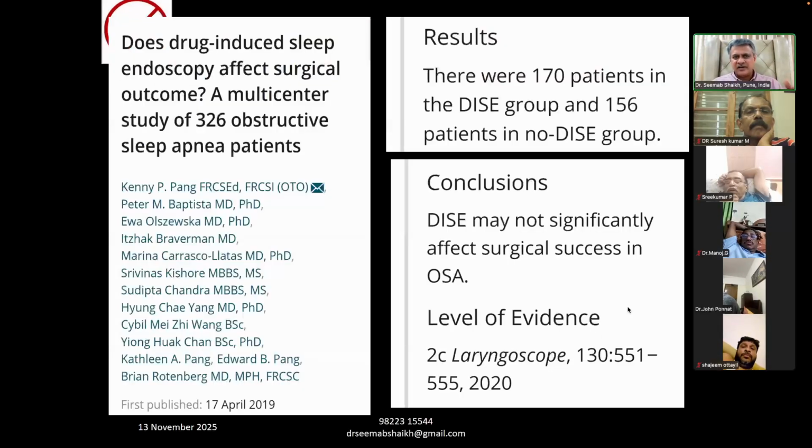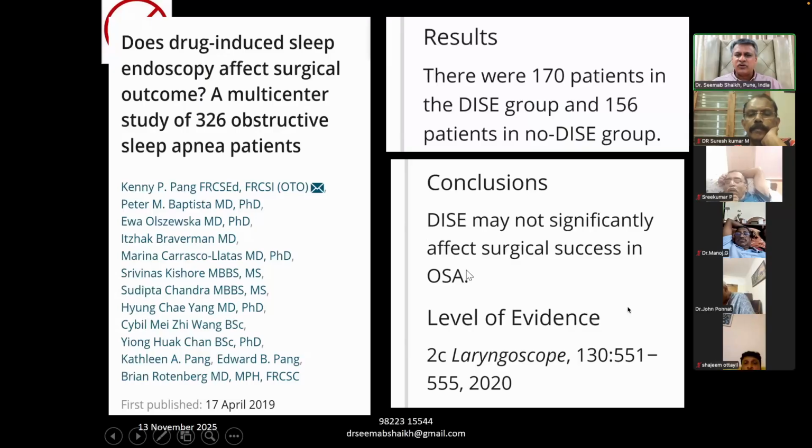Will it really? Now, there are multiple multicentric studies done across the world, right from people involved from Singapore, from Brazil, from Poland, from Israel, from Spain, from India, from Canada, and all of them. So this was a nice sample size of 170 patients, in which 156 did not need to go through the no DICE group.